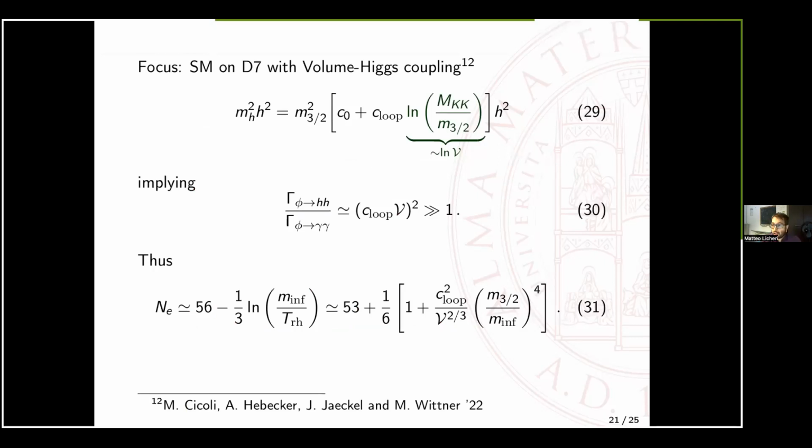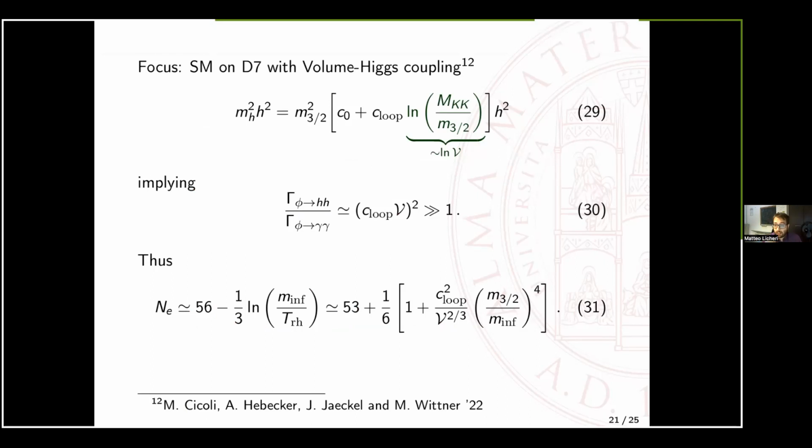Let's focus again on the Standard Model on a D7, with the volume Higgs coupling given in equation 29, now expressed through the gravitational mass squared times C0 plus the loop coefficient times the log of the volume times the Higgs squared.